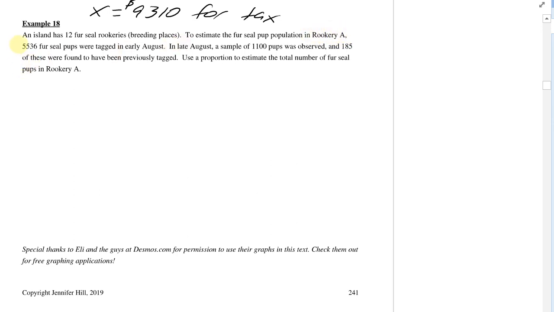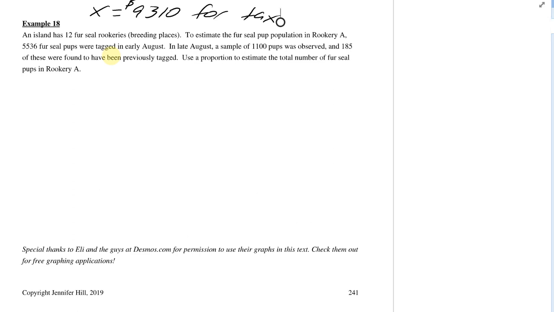And so what they're telling us is that there were 5,536 pups that they took and tagged in some way. Later on, they pull out another sample of them, 1,100, and they count how many of them actually had those tags. And so from this, they're going to estimate what the population is. So you might want to pause for a second and think about what the proportion here is.